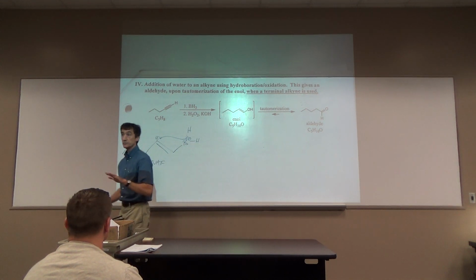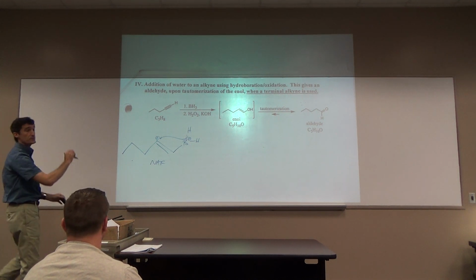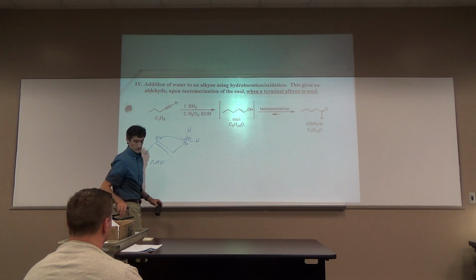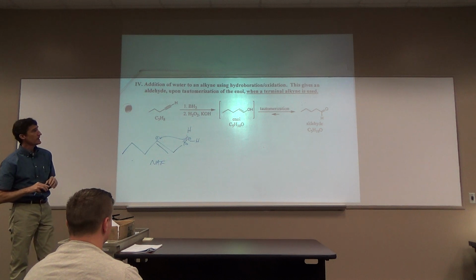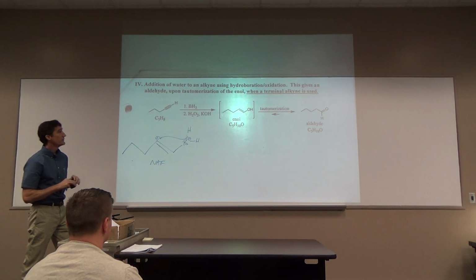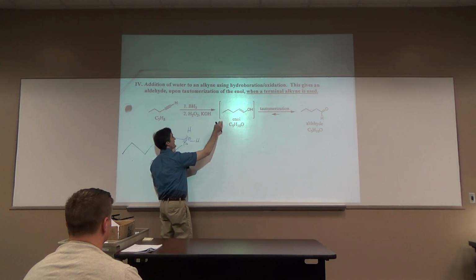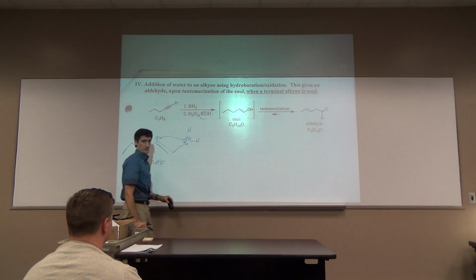When you do resonance, you never move any atoms, only electrons. If you move atoms, you're not doing resonance. So this is an outcome using our hydroboration method. It hydrates once and then it undergoes tautomerization. This tautomerization would be catalyzed by base, because you're under basic conditions.